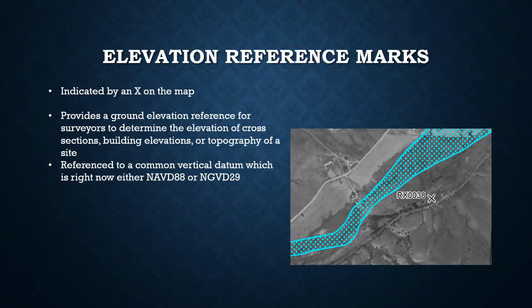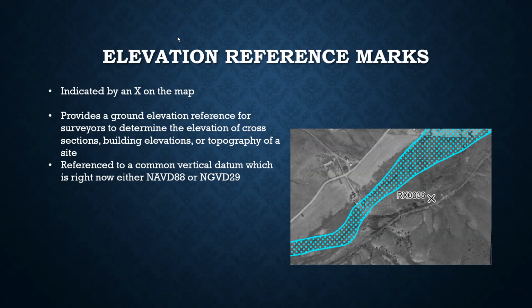Datum is just the elevation that's used, so a standard, and that standard may even change. I know they were talking about having another one. Right now we use NAVD 88.